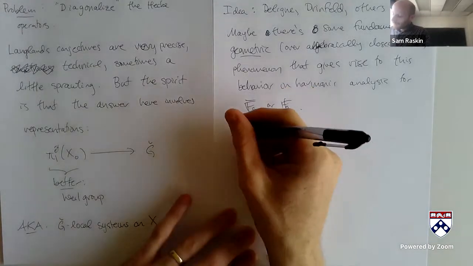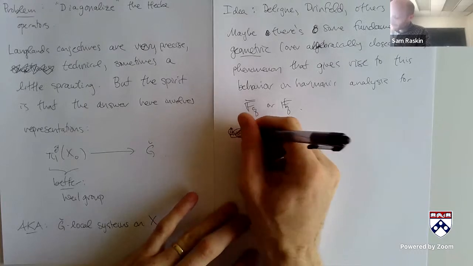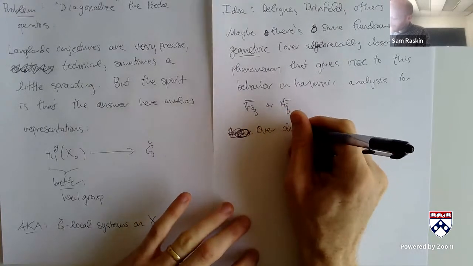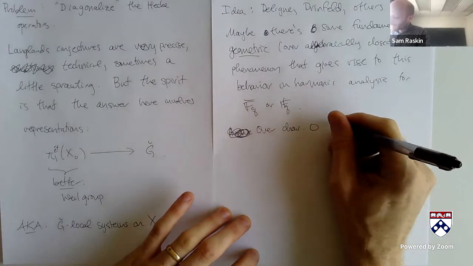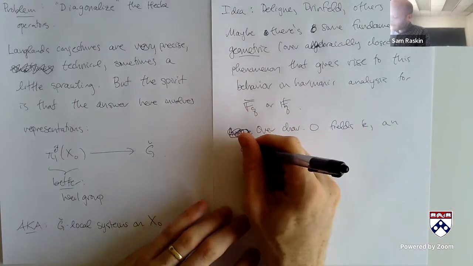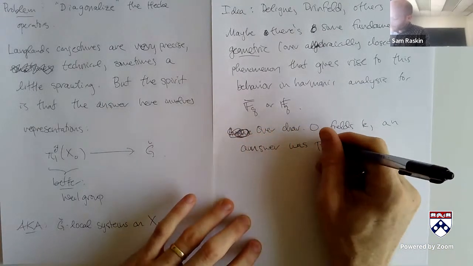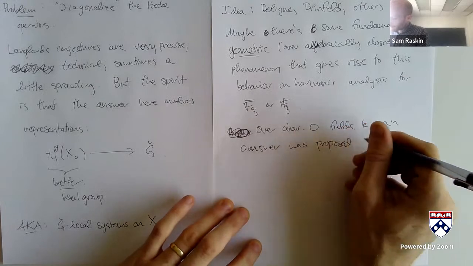So it's going to be a little bit of a weird story. Over characteristic zero fields K, an answer was proposed by Beilinson and Drinfeld.